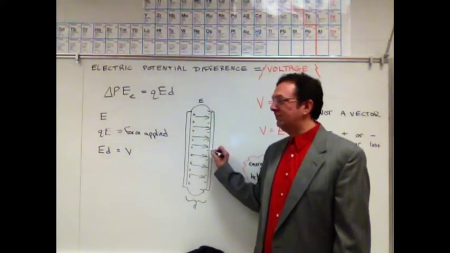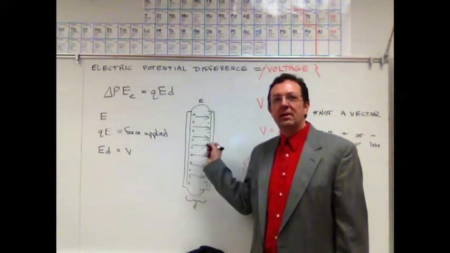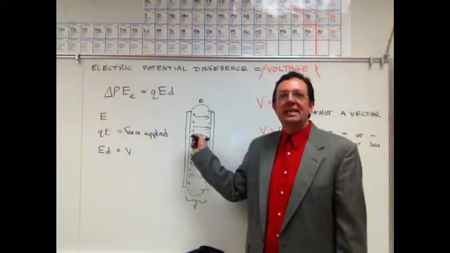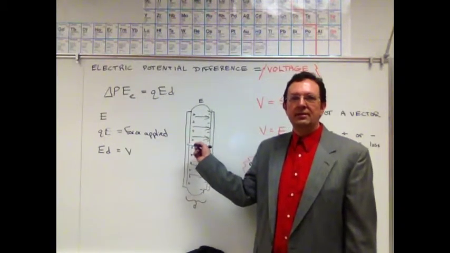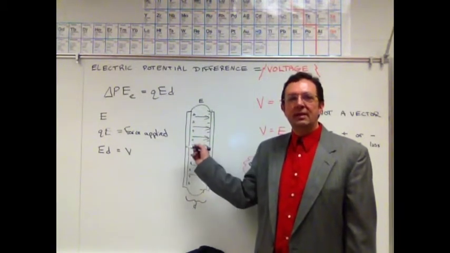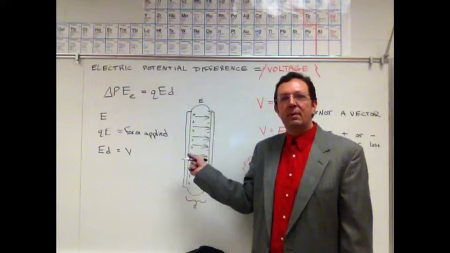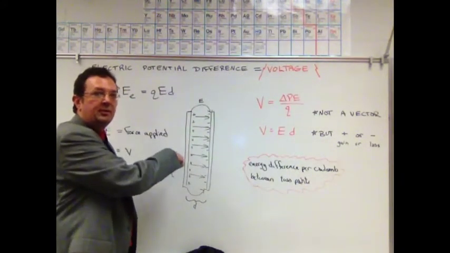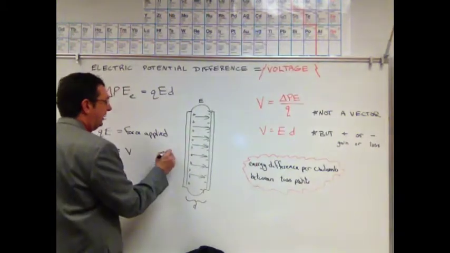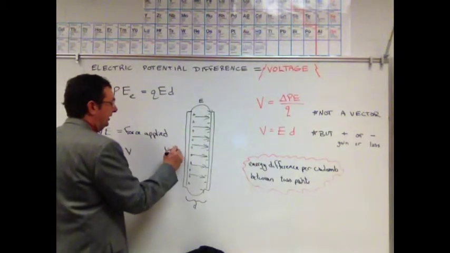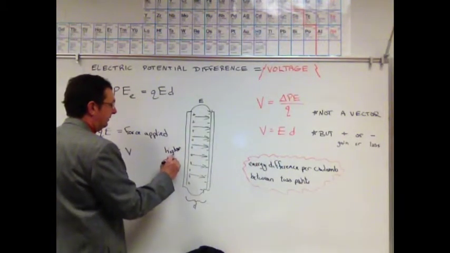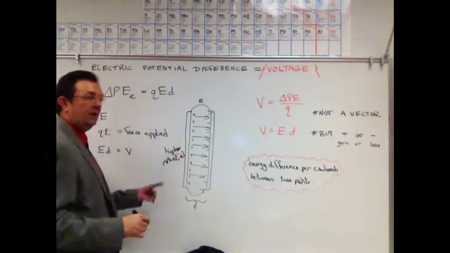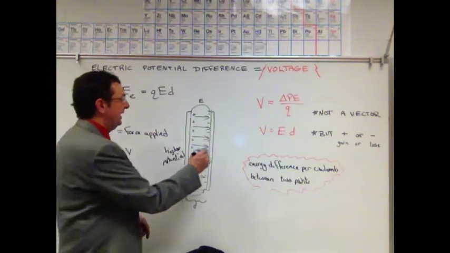If you take a positive charge and move it in this direction toward the positive plate, you have an increase in electric potential energy. And because you have an increase in electric potential energy for that preferred positive charge, the more positive plate on this side has a higher potential. And so the other side, the negative plate, has a lower potential.